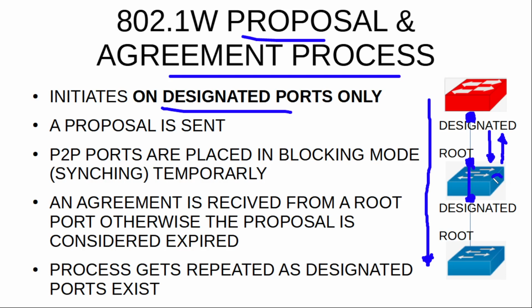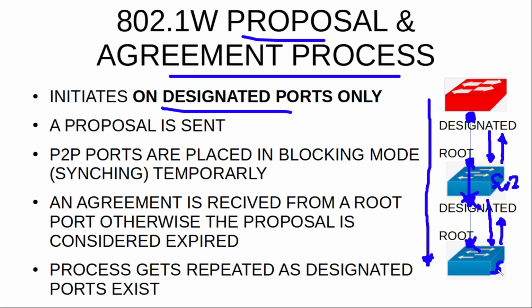And then this switch, let's say switch number 2, has to start the process all over again. It's going to send a proposal message to the downstream switch. It will have to place this port in discarding mode. The last switch will do the same, and then this last switch has to respond with an agreement message, and then these ports are placed into forwarding mode.